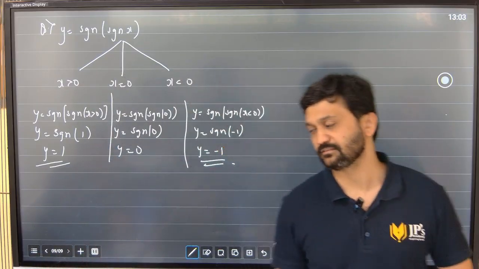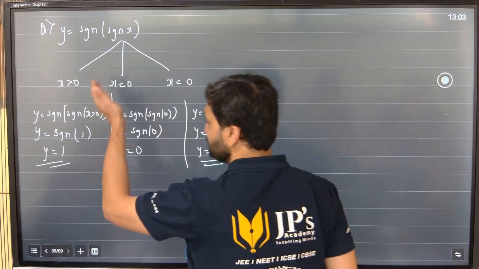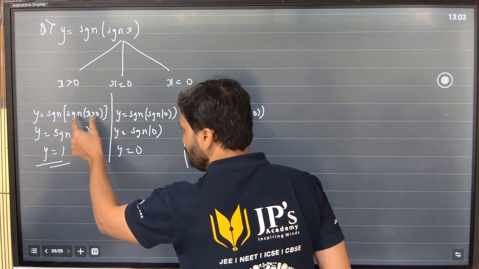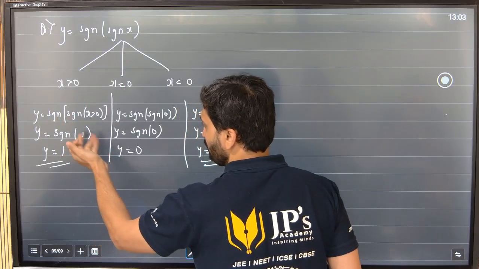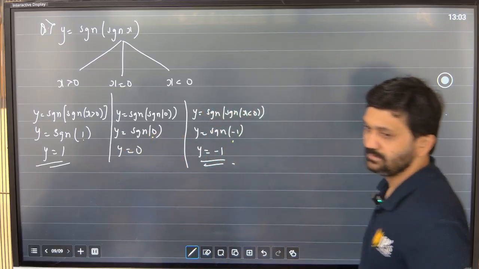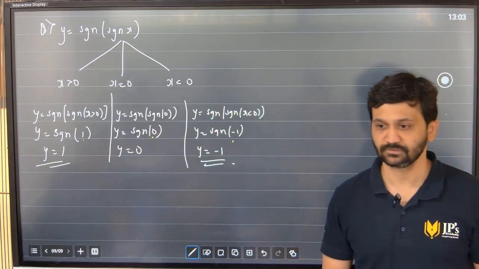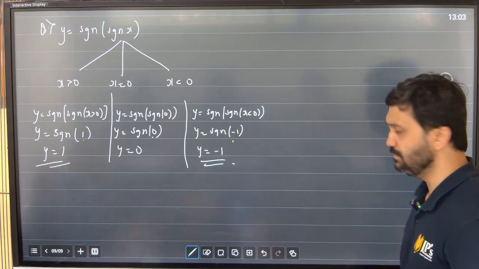These are the three conditions, because we know that if my x is greater than 0, my signum of that value will always be 1. So this whole thing became 1. As soon as it became 1, again signum of 1 is nothing but 1, because this value is greater than 0, this value is equal to 0, and this value is less than 0. Have you guys understood this? No problem. Please write this down, and we'll stop for the day.